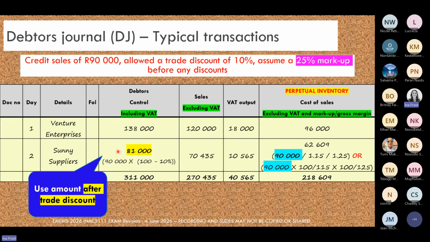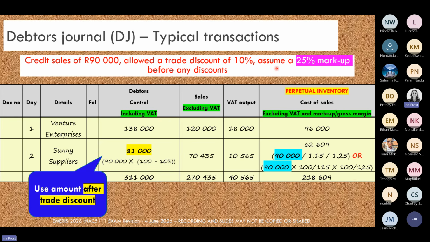I recorded the 81,000, which is the 90,000 minus that 10% trade discount. This is a good example of a trade discount, and we record the amount minus the trade discount. But when it comes over here to how we calculate the cost of sale, we have to be a little bit careful.